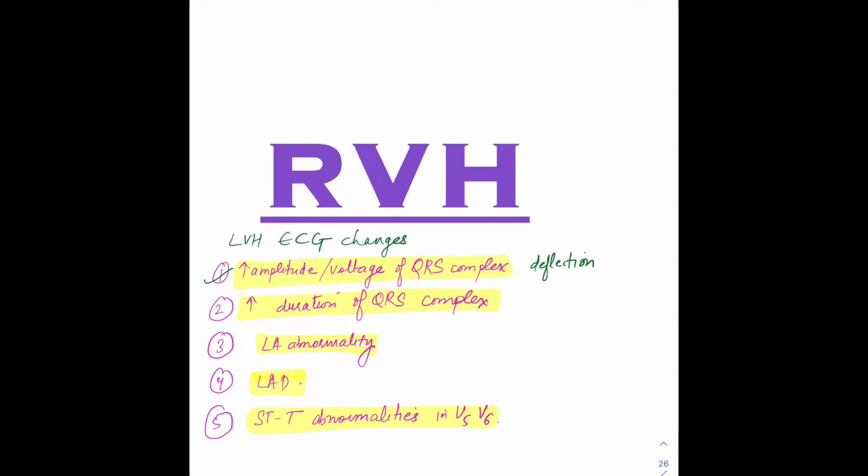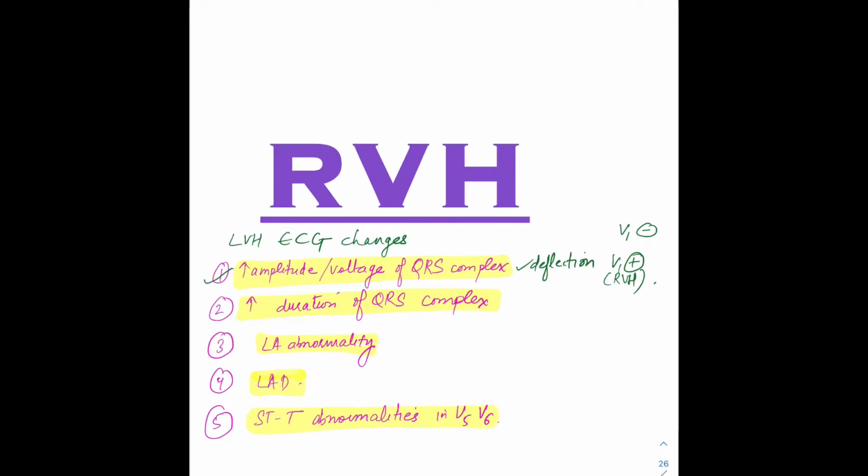That means, for example, in lead V1, where we are supposed to have a negative deflection, we'll be having a positive deflection in case of right ventricular hypertrophy. Here the amplitude is not that important as is the direction of the deflection. So the direction of the deflection will be more important in case of right ventricular hypertrophy.